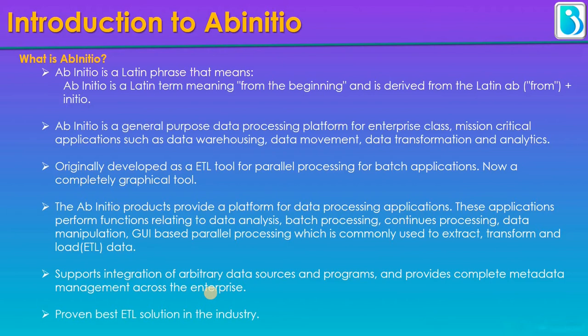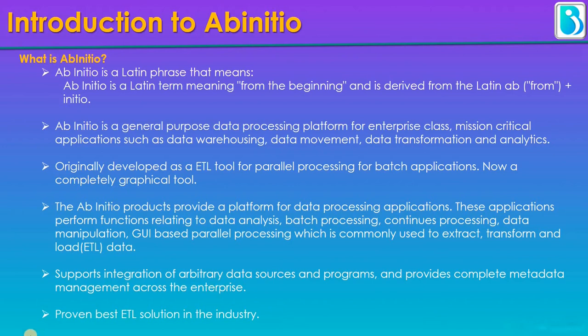Ab Initio was originally developed as an ETL tool for parallel processing for batch applications. Now it is a completely graphical tool, and Ab Initio has evolved. The Ab Initio products provide a platform for data processing applications.